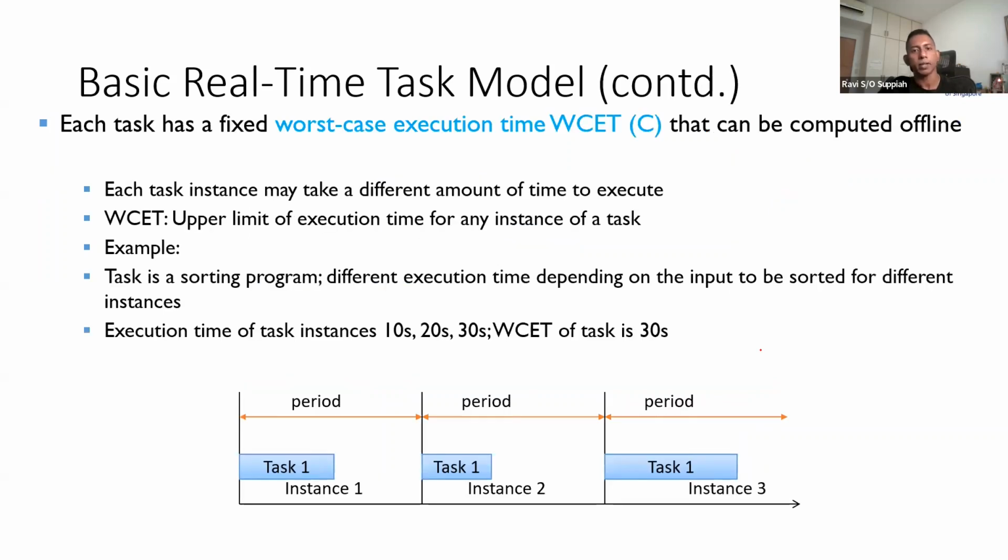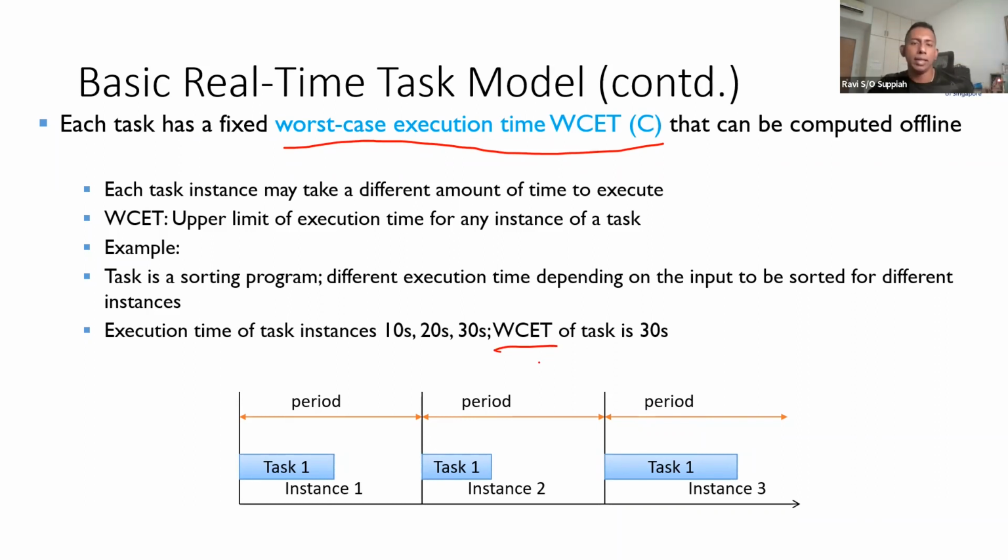With that understanding, we assume the worst case execution time for a task. That means if I have different ways of executing a particular task, what is the worst case execution time? That is the parameter we're interested in when doing this analysis.